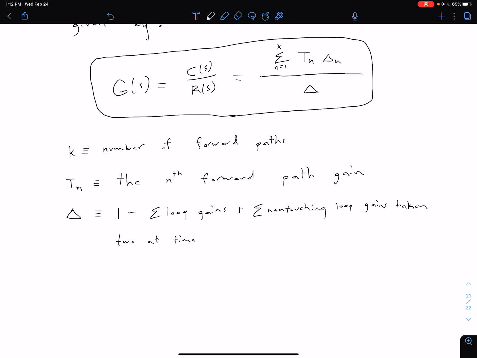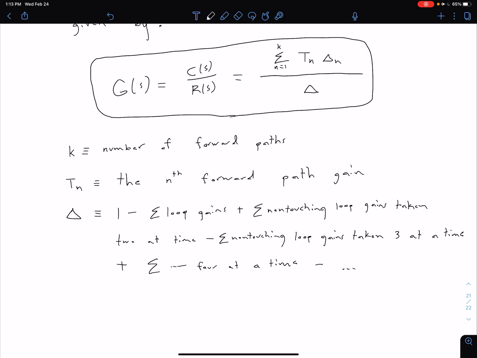After that, we're going to subtract the summation of the non-touching loop gains taken 3 at a time. Beyond that, we would add in the summation of our non-touching loop gains taken 4 at a time, and then subtract the sum taken 5 at a time, so on and so forth.